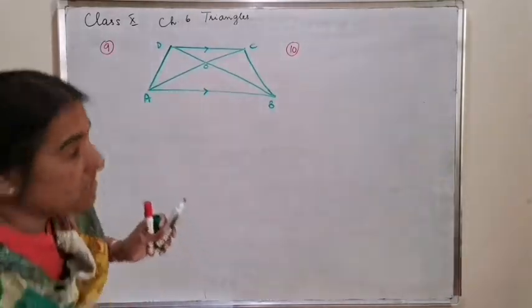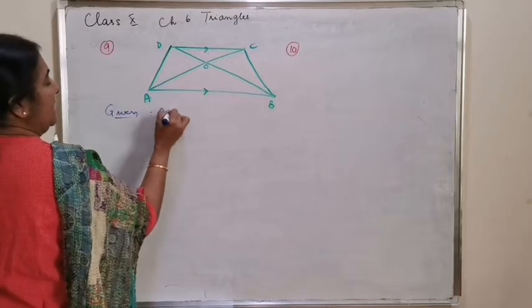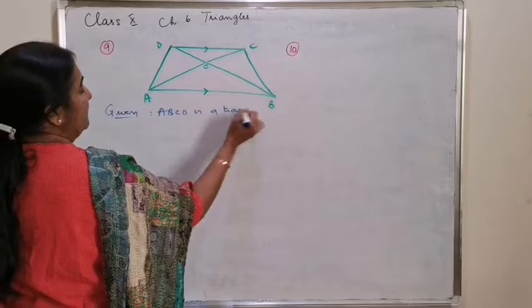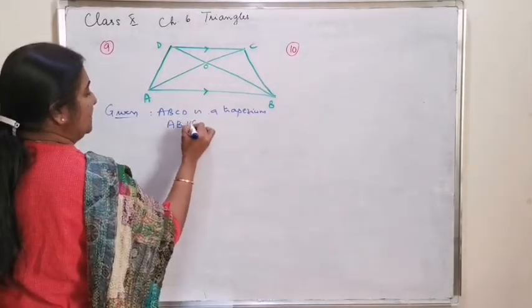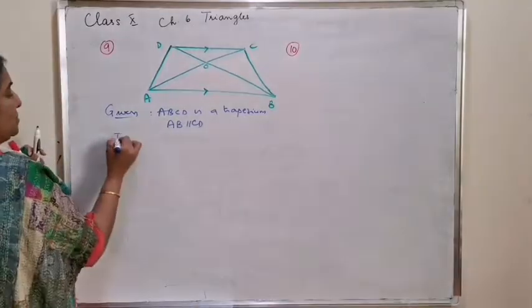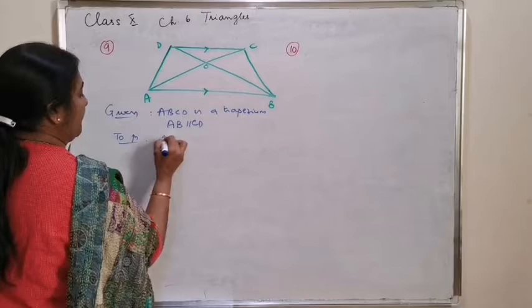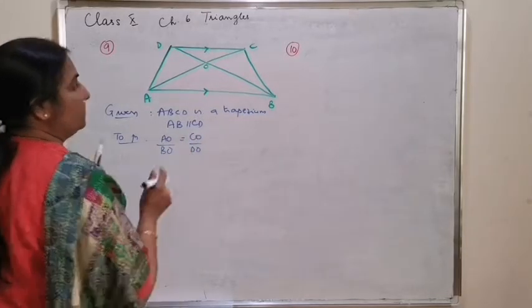So the given condition is ABCD is a trapezium in which AB is parallel to CD. What is to prove is AO by BO is equal to CO by DO.